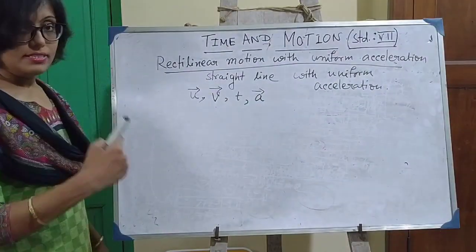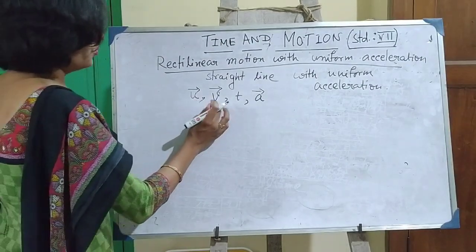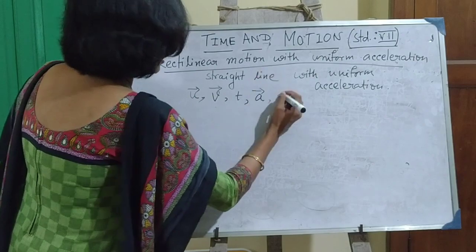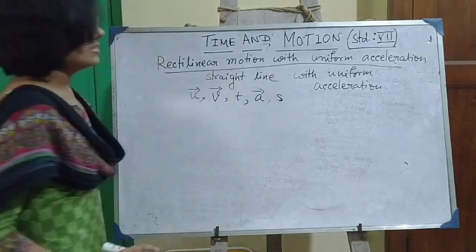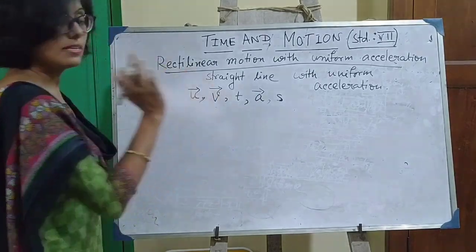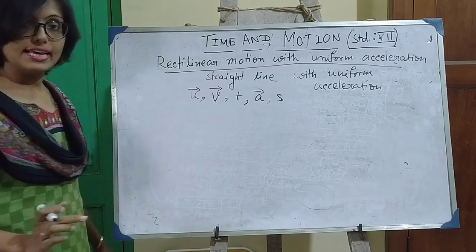These equations represent the relation between u, v, t and a, and the body is also traversing a distance s in the time t. So during the time t, the body covers a distance s.